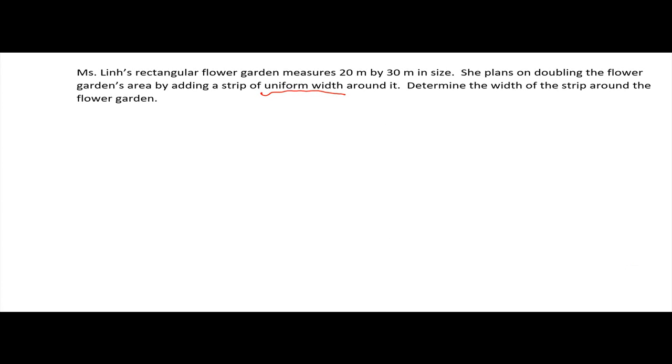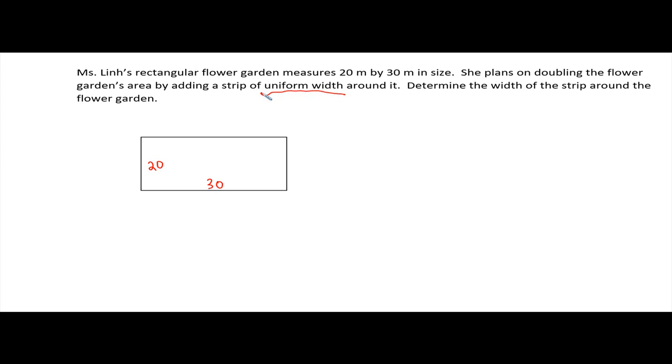So the first thing we always want to do is draw a picture and make sense of the information, okay? So first we have a rectangular flower garden. So here's our rectangular flower garden. So it measures 30 by 20. So this is 30 by 20 meters right now. And basically she's going to increase the size of this by putting a uniform width border around it.